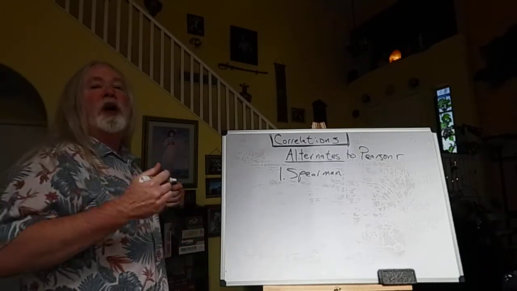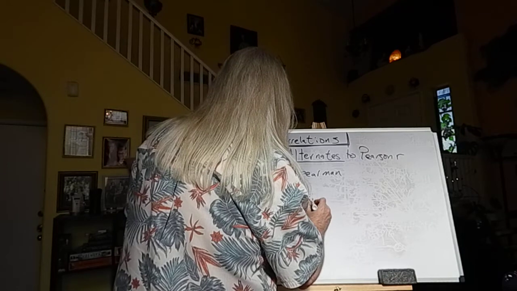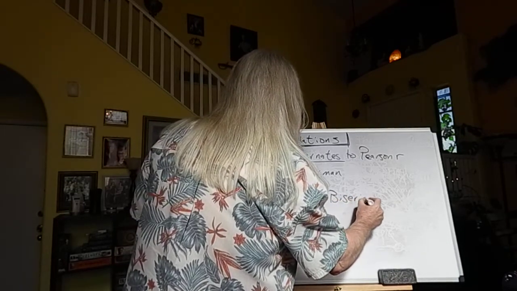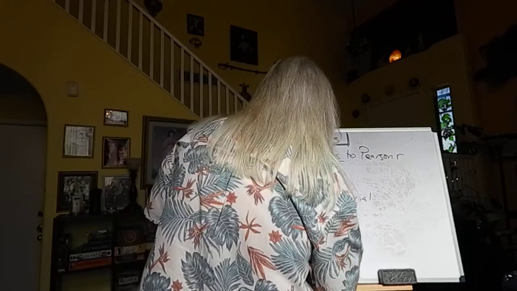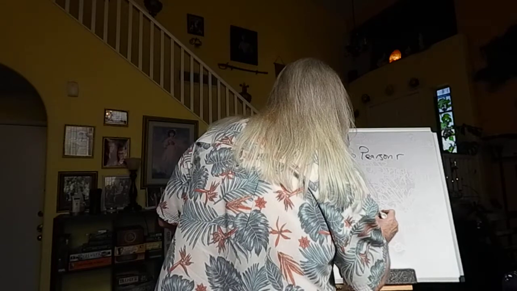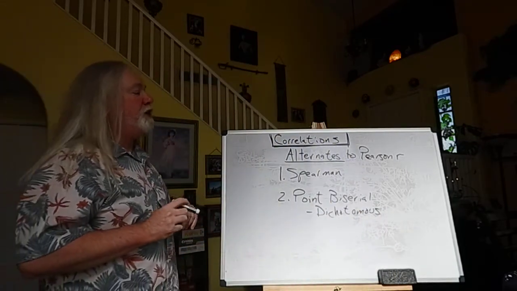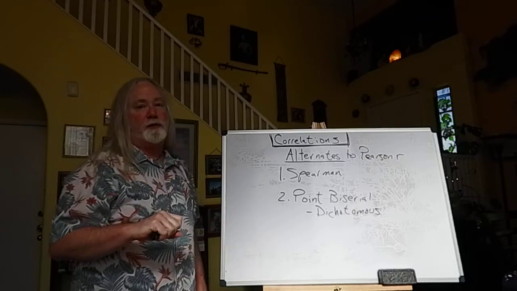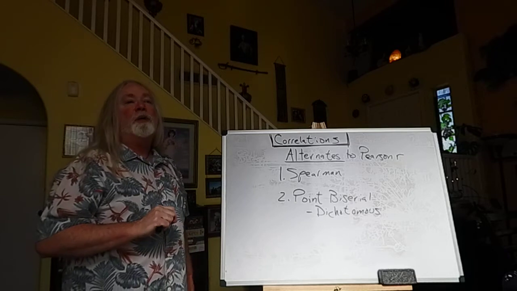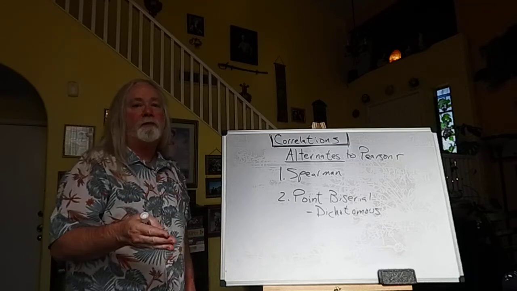Our next choice we call a point biserial. A point biserial correlation is what you would use if one of your two variables, just one of your two variables, is dichotomous. When we say that something is dichotomous, that it's a dichotomy, we mean it's one of two choices.